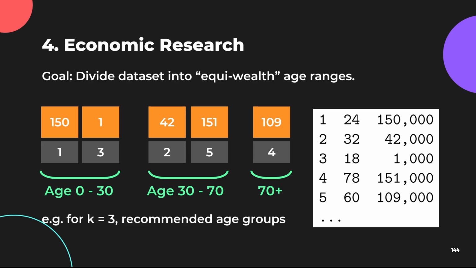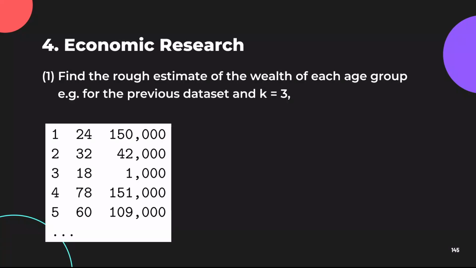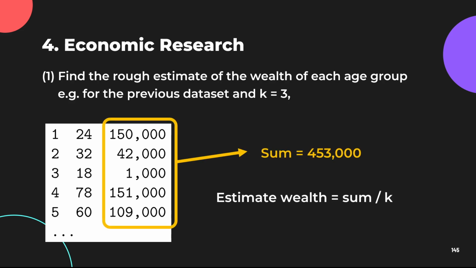Okay, so I'll provide a new perspective here on how to solve this. The first one is similar to the greedy one. We want to sum up all the wealth here and divide it by k, so that we know roughly this is the threshold that we want. By dividing the sum by k, that will give you an estimate of about 151,000 in each group.